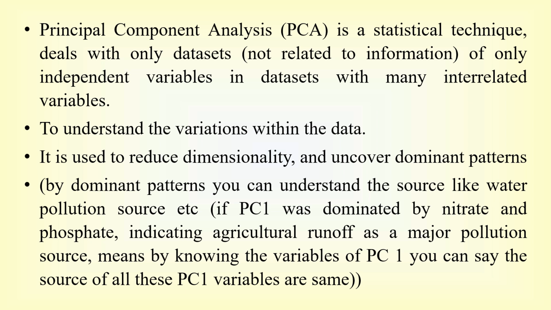If you can see that these types of chemicals are most abundant in the polluted water, then you can say the source of these pollutants is agricultural runoff. If you got that pattern from PC1, by knowing the variables of PC1, you can say that the source of all these PC1 variables is the same.